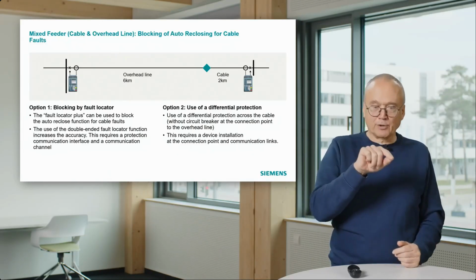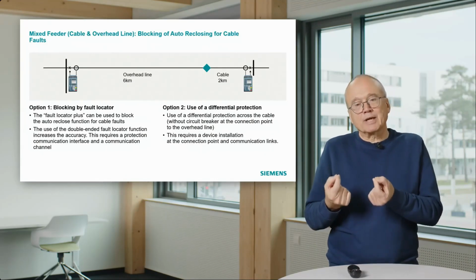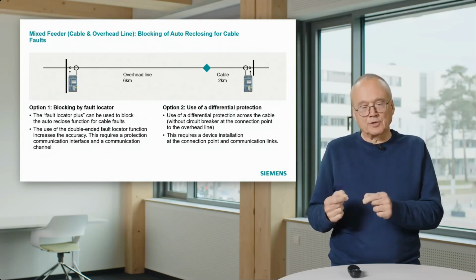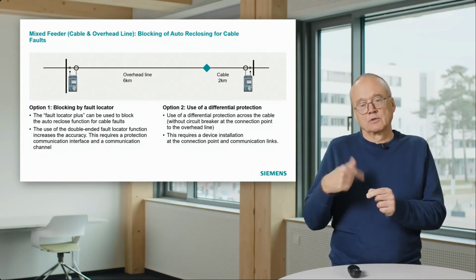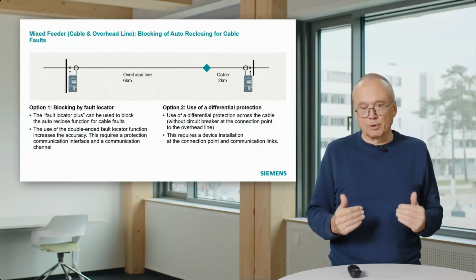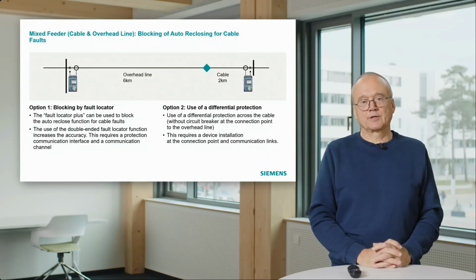It cannot trip the cable at the connection point because there is no circuit breaker, but you can use its trip signal on one hand to trip the right breaker, but also to block the auto-reclose for both distance relays.